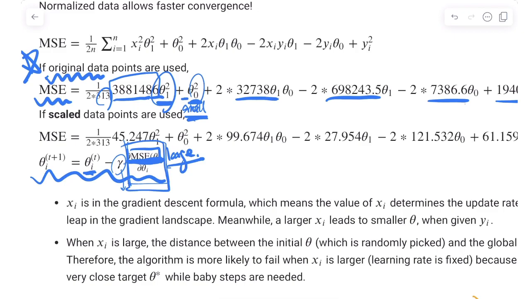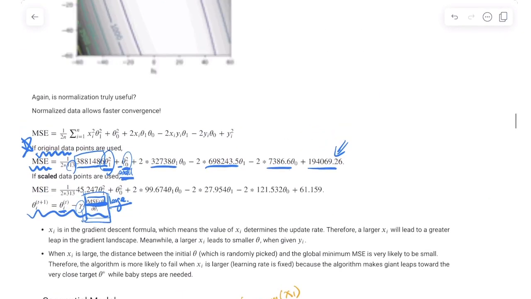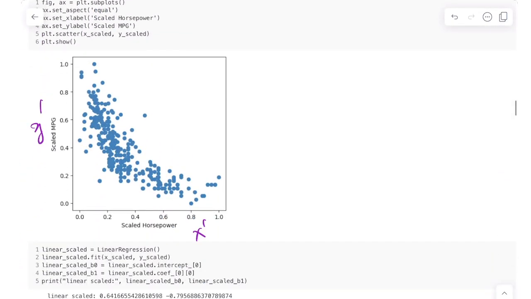So if you perform normalization first, you can get x prime and y prime. The ranges of x prime and y prime look much better, right? They are all between 0 and 1.